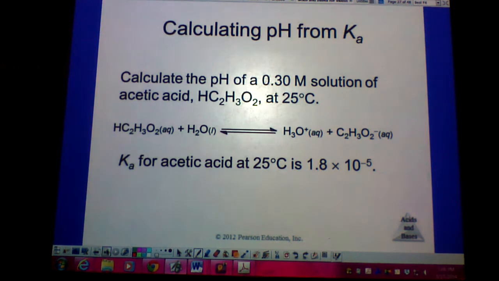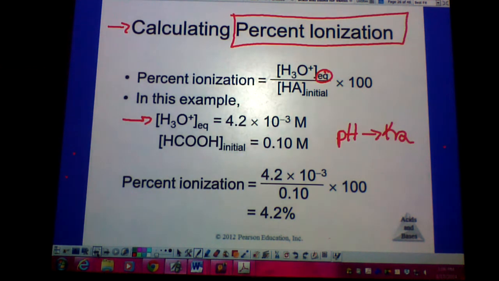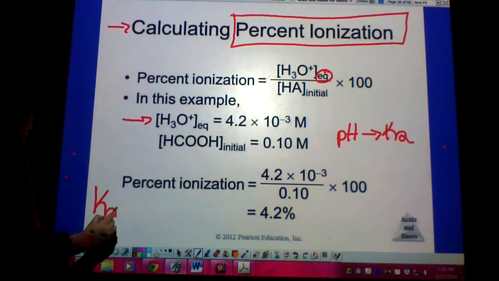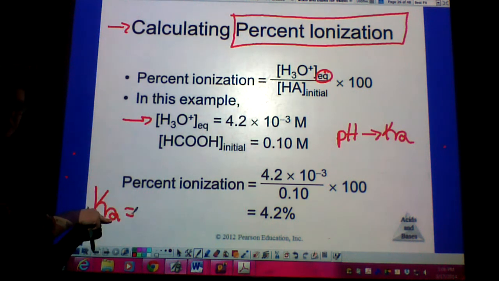Again, from the last example, we calculated Ka from pH. But now what happens if we want to do the reverse? Let's review for a second what Ka means. Ka is the acid dissociation equilibrium constant, and specifically we use that for weak acids.